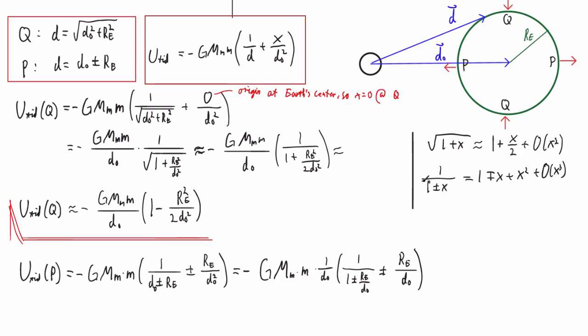Then I'm going to make use of this Taylor expansion here. And I'm now going to use both the term in x and the term in x squared, because this one, as you'll see, will disappear. There, it disappears.